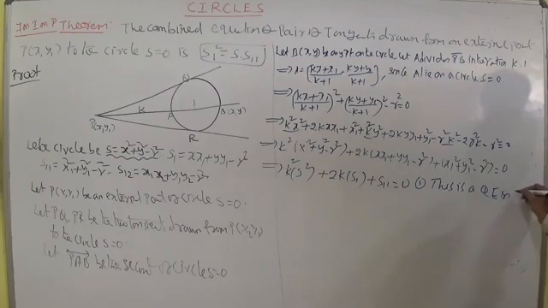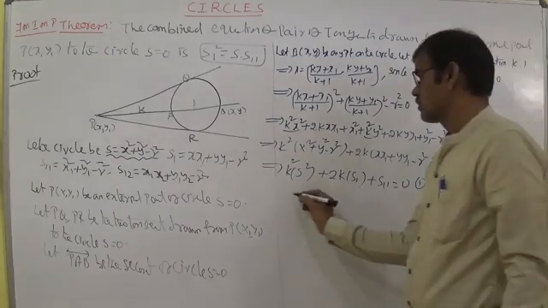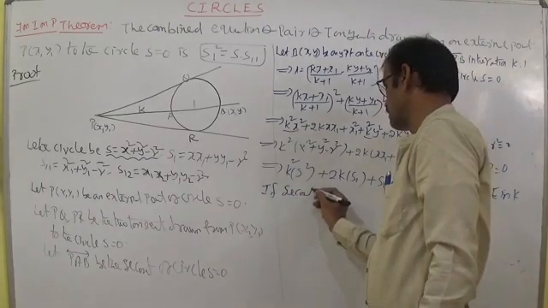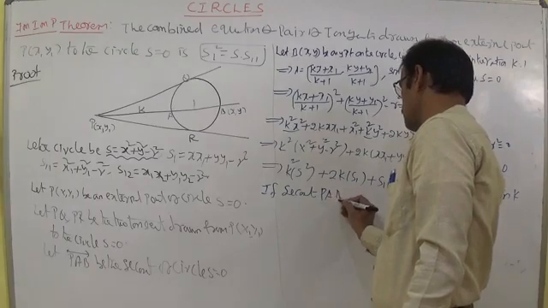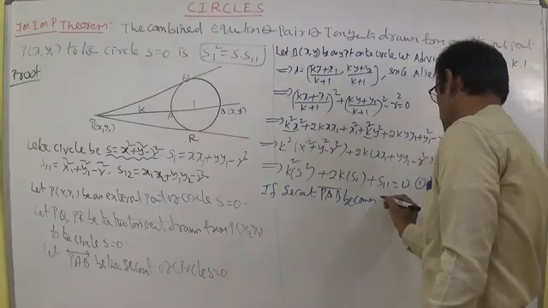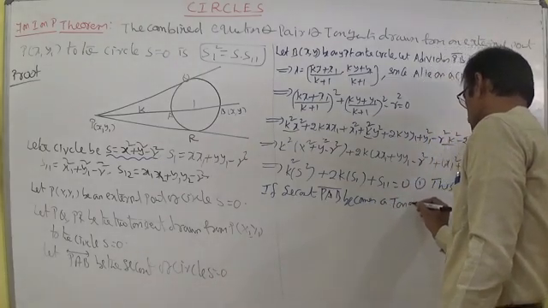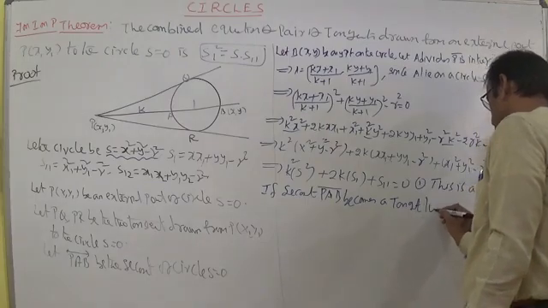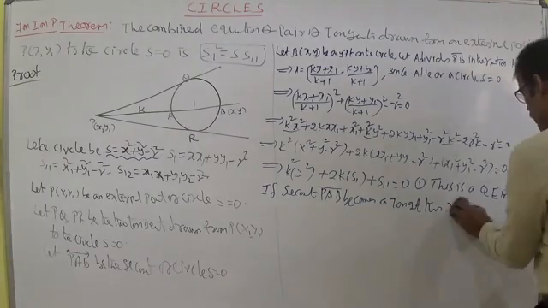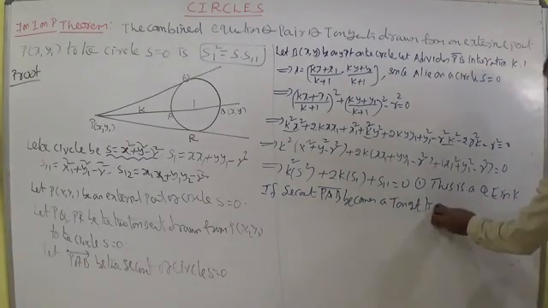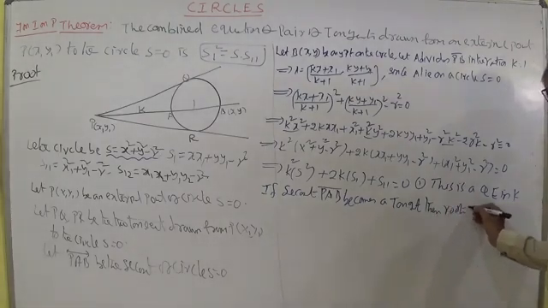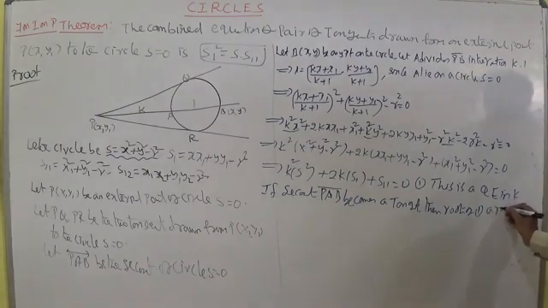If secant PAB becomes a tangent, then the roots of 1 are equal, should be equal.